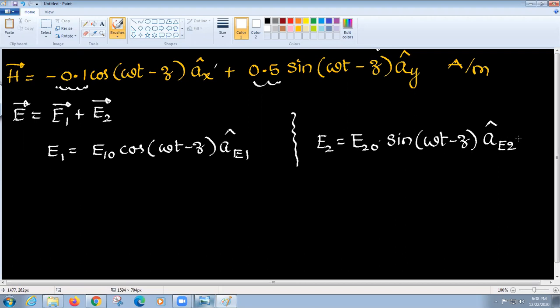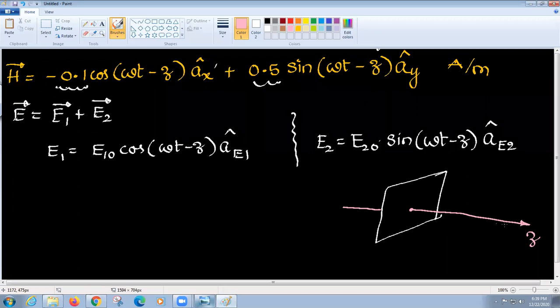Now we're going to find out what these two are. Now I know very well you have a transverse plane like this, and you know the wave is transverse. The propagation of the wave, say along positive z, because I know my H wave and of course also E wave are going to propagate along the positive z axis. That's already given here.